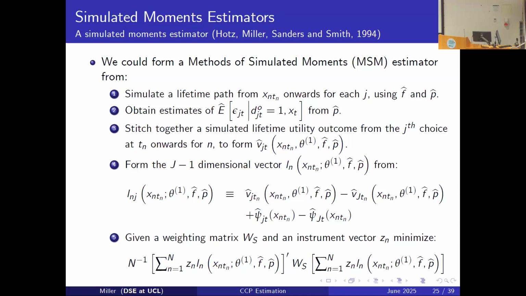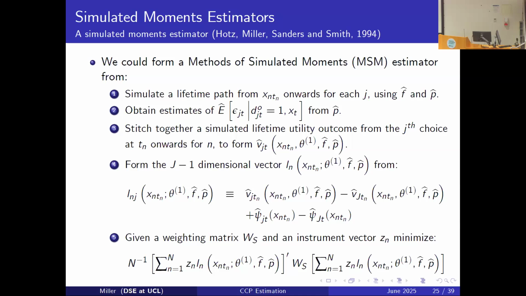this is where the G comes into play, okay? This is where the assumption about G really comes into play. So you stitch together this lifetime utility just by putting together the U's plus the expected value of the epsilons, and then you just compare with what people have done, and you go from there.